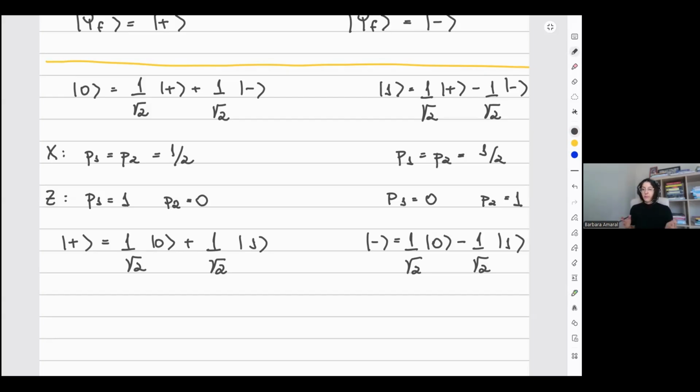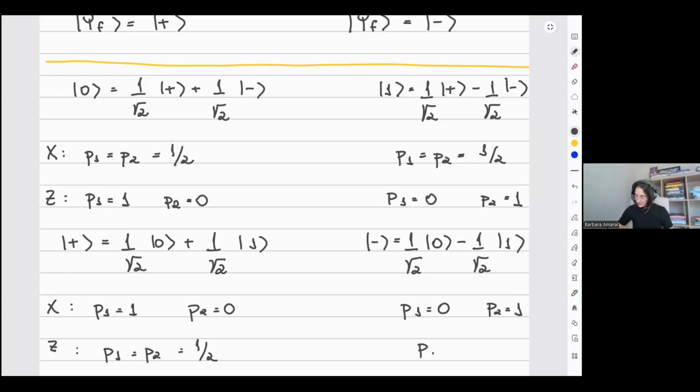And here with plus and minus, we'll have the opposite. So if I measure x, I'll have P1 equal to 1, P2 equal to 0. Here the opposite. And if I measure z, I'll have P1 equal to P2 equal to 1/2.